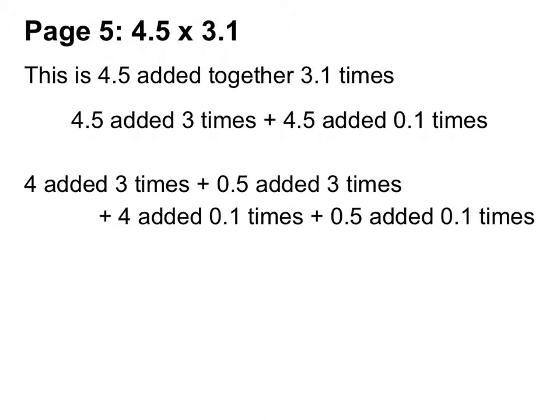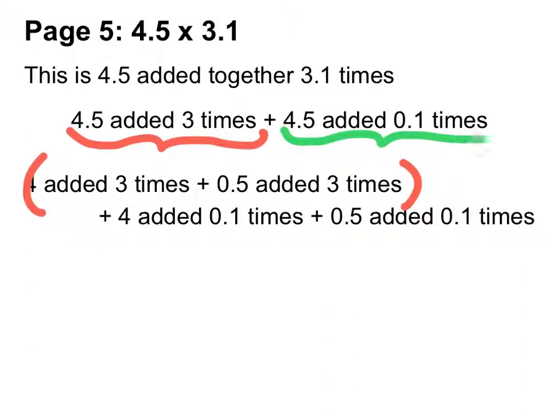So then we're going to break that down again. Now I'm going to take 4 5/10 added 3 times and break it into this part right here. So 4 added 3 times and then my half added 3 times. Same step from before. Then I'm going to take my 4 5/10 added 1/10 of a time and break it up into this part.